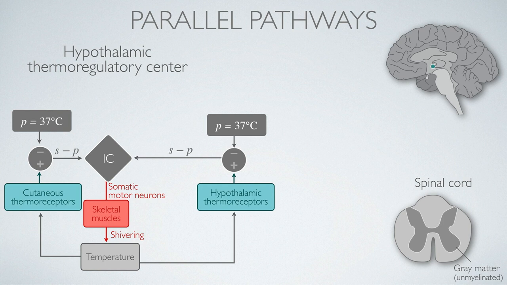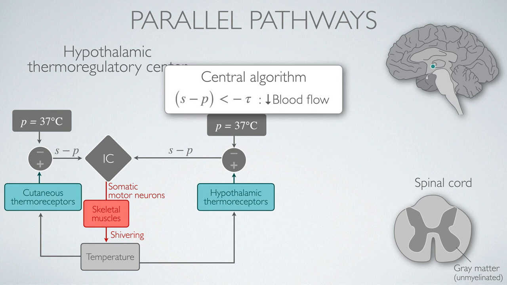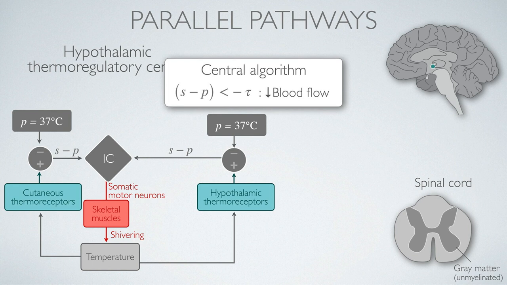And here we have a mirror image of the error that we were concerned with in the periphery. And this has its own algorithm, but it's the same algorithm that we saw before on the afferent side. That is, if our error is below the lower threshold, let's do something about it. Now, in this case, the action is different. Instead of shivering, we have a reduction in blood flow.